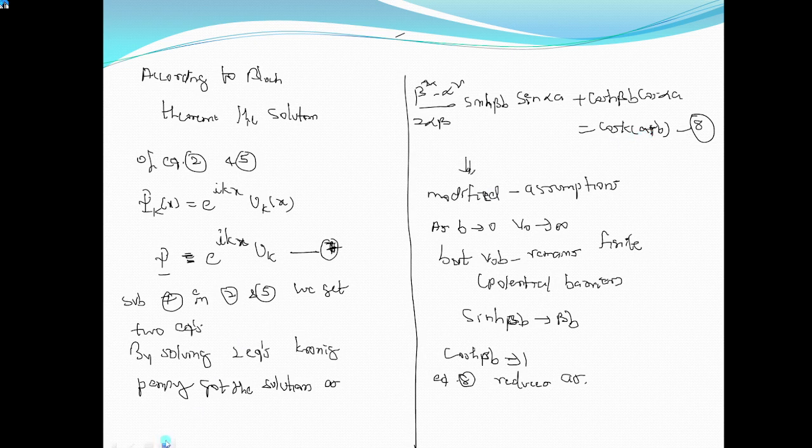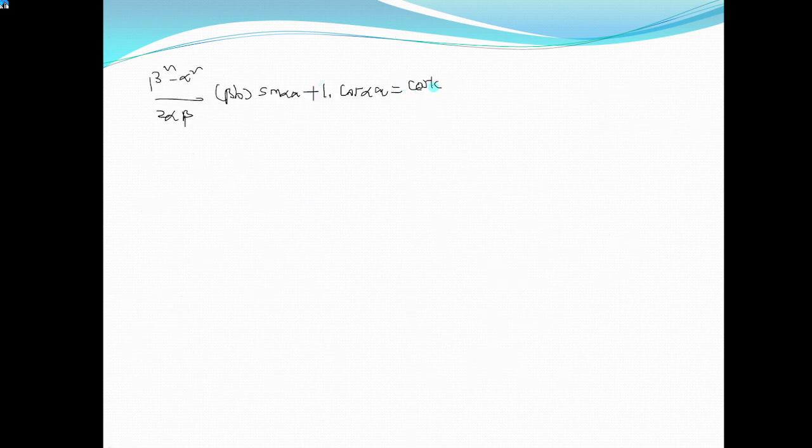So I can write it as cos ka. This is equation number 9.